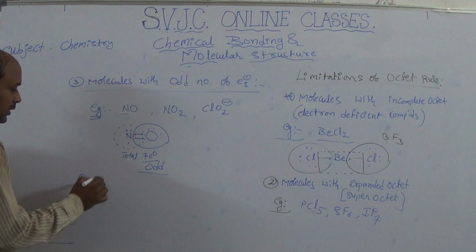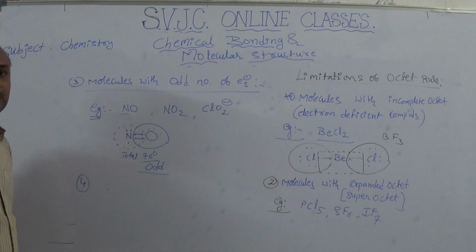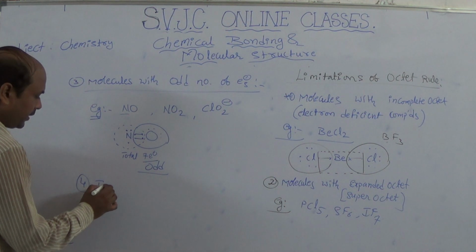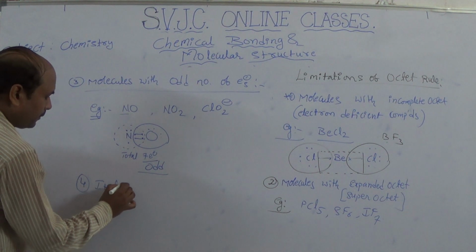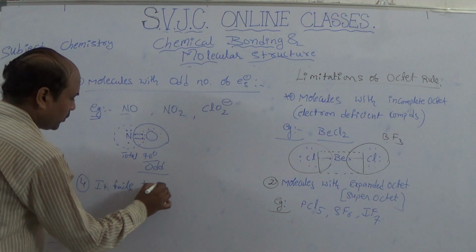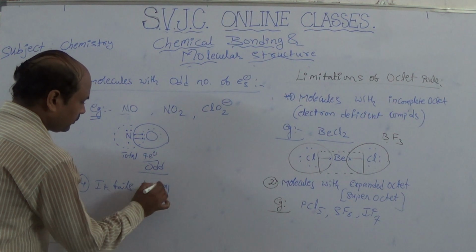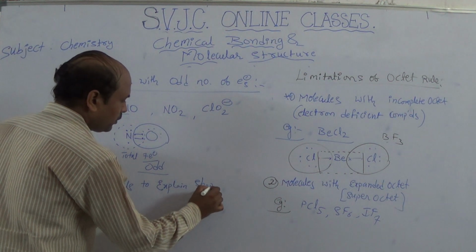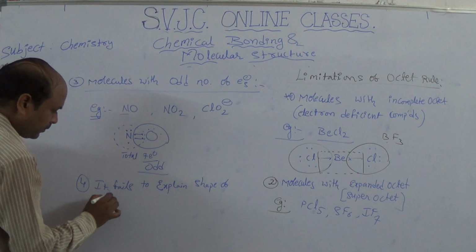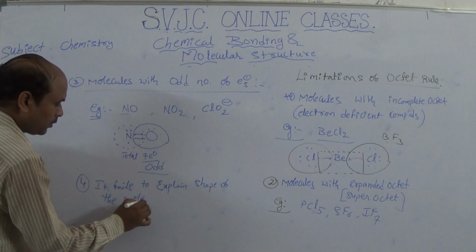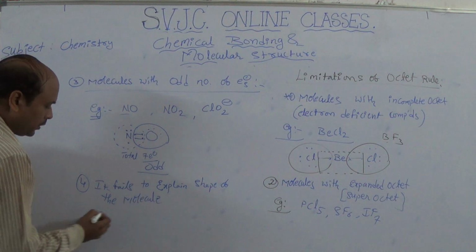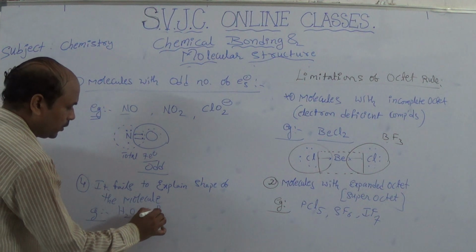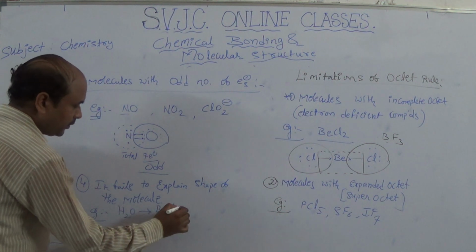And the fourth exception is that the octet rule fails to explain the shape of molecules. For example, the H2O water molecule has a bent shape.